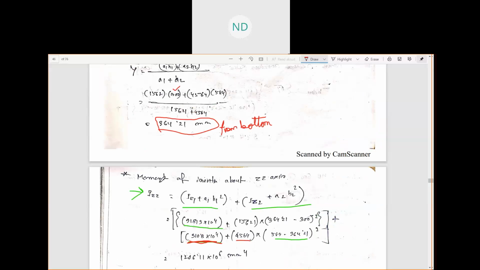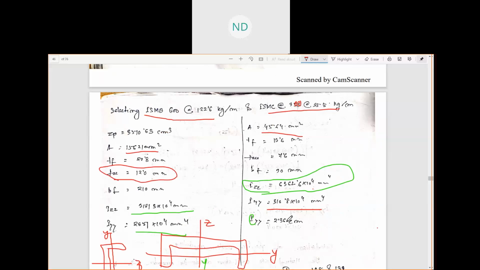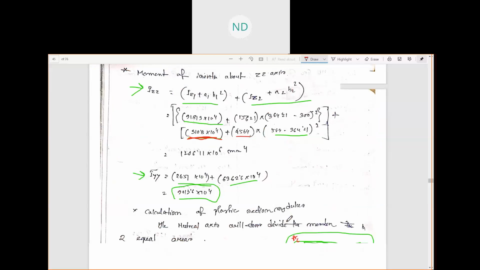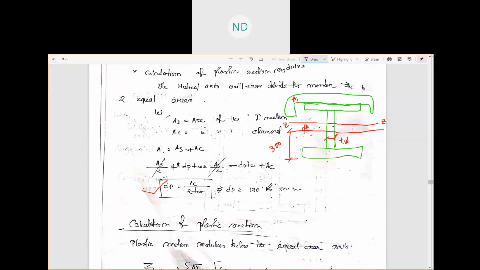Area of the channel AC is 4564. So our dp value, that means this distance, is 190.16.